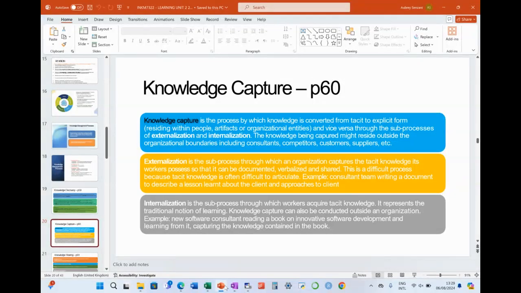In the example, they say a new software consultant reading a book on innovative software development and learning from it, capturing the knowledge contained in the book. By definition, this is the sub-process through which workers acquire tacit knowledge. It represents the traditional notion of learning.